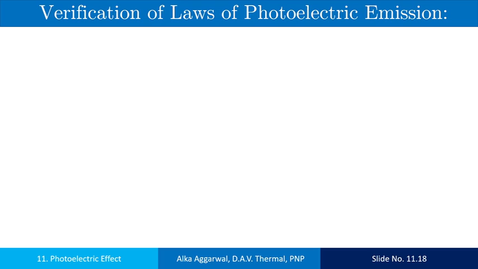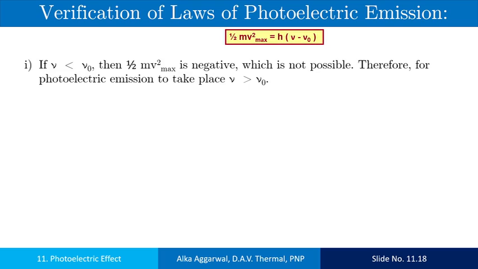Now the verification of the laws of photoelectric emission. First law, that is, if the frequency nu is lesser than nu naught, then the kinetic energy of the photoelectron is negative, and which is not possible.